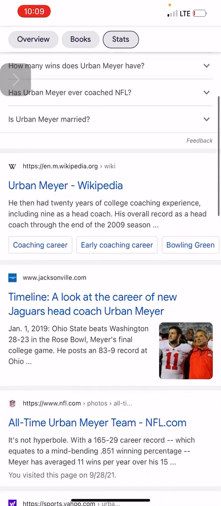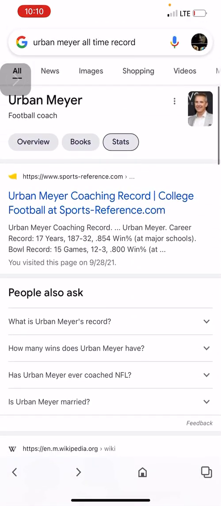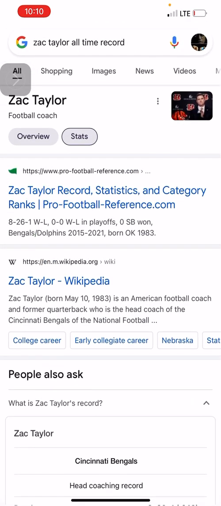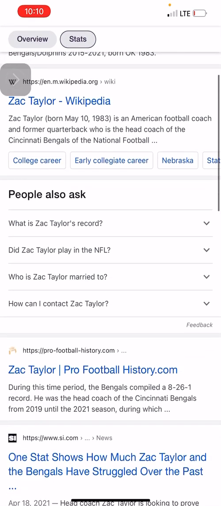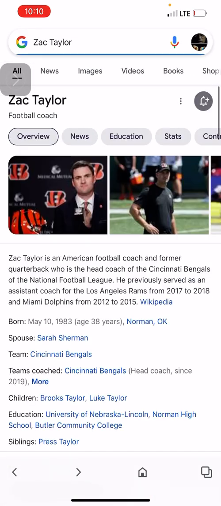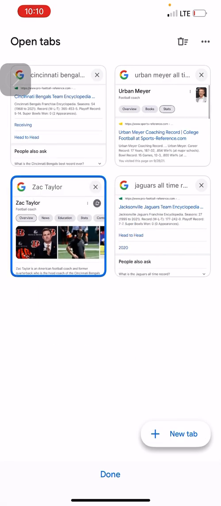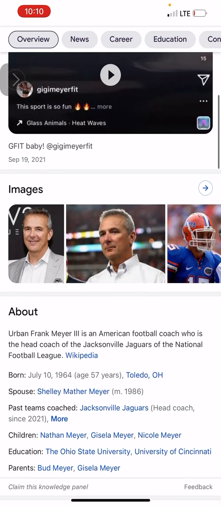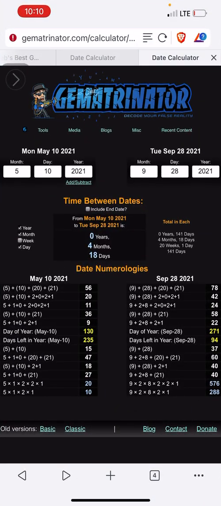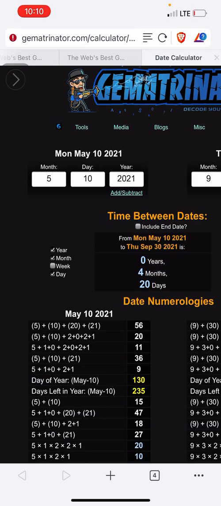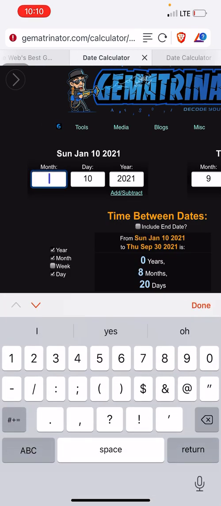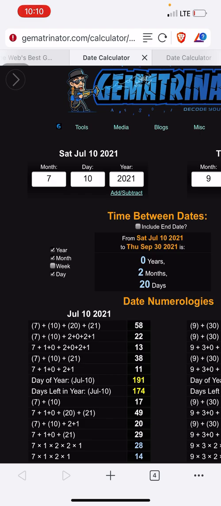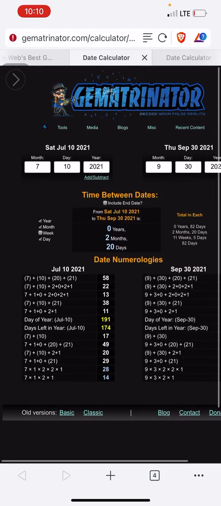I have to look. So it's not this guy, it's not the Bengals guy. It's the Jaguars guy. What's his birthday? July 10th. I know this is probably irrelevant, but July 10th. See how it's 191 and 174?